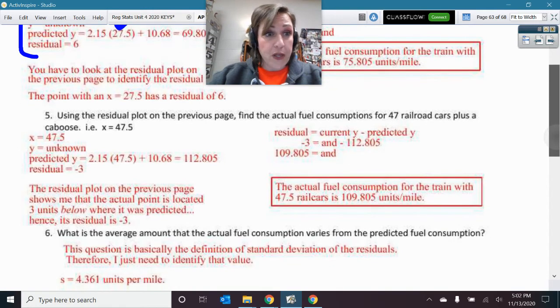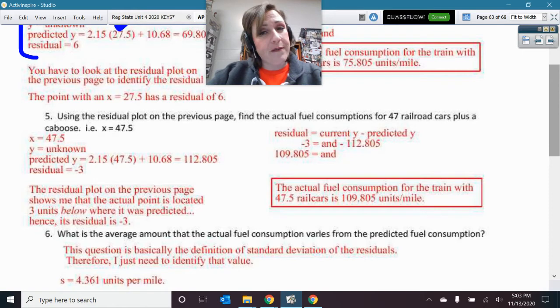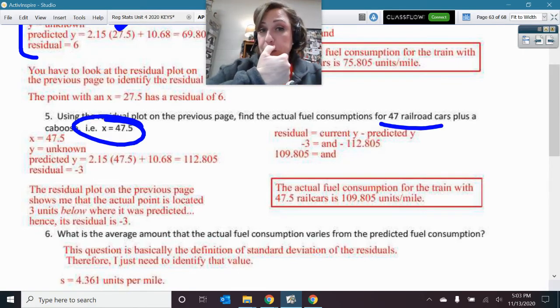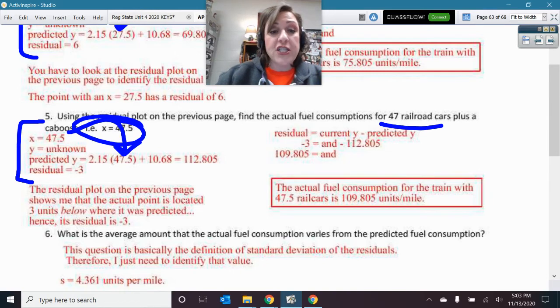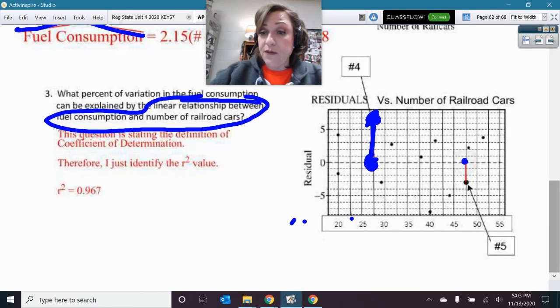Number 5 is the same, it's identical. You had to do it not for 47 railroad cars, so watch out there. It was for 47 and a half because 47 plus the caboose. So you plugged the x into the prediction equation to get the predicted fuel consumption. I can see over here that the predicted fuel consumption was 112 point whatever.